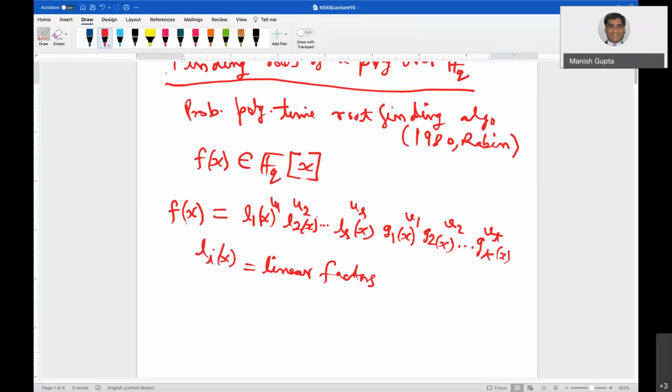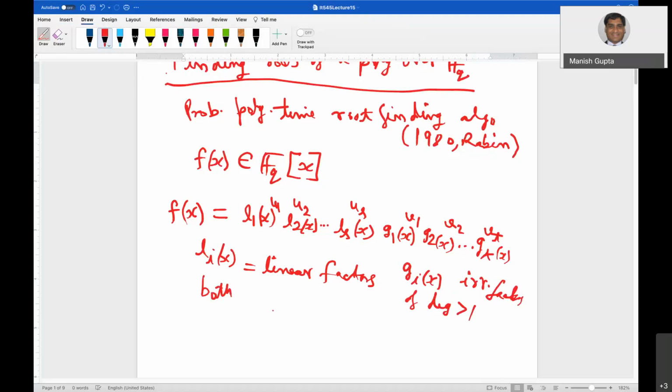And some powers are there on the linear factors, right? So it could be (x+1)^2, (x+1)^3, or (x+2)^3, something like that. And the gi(x) are irreducible factors of degree greater than 1.